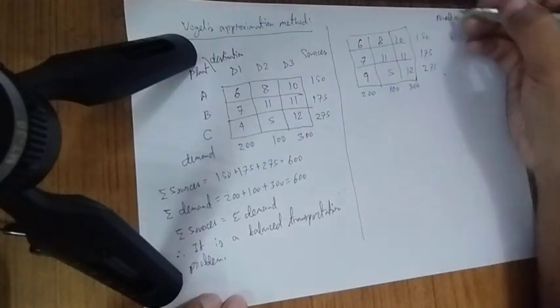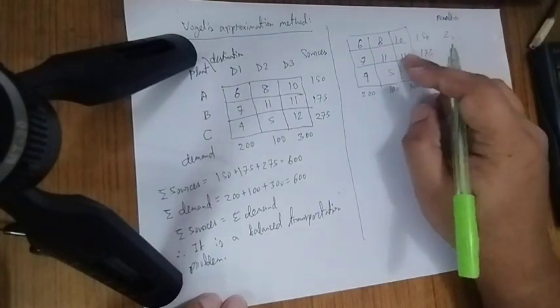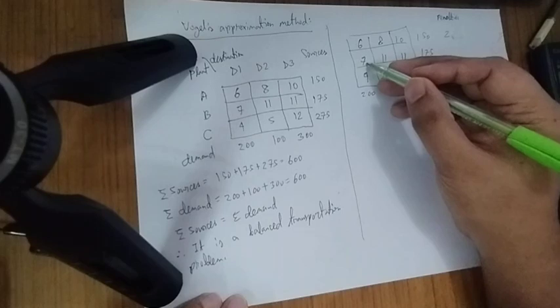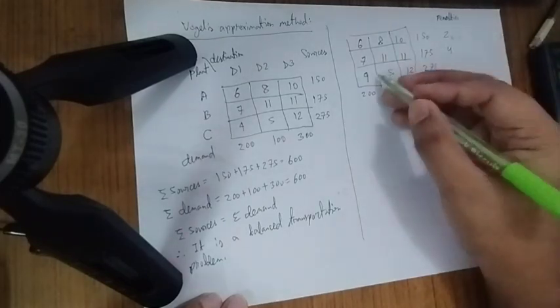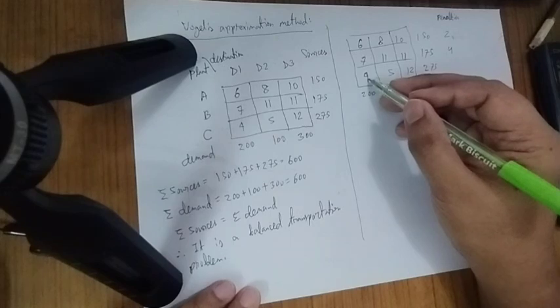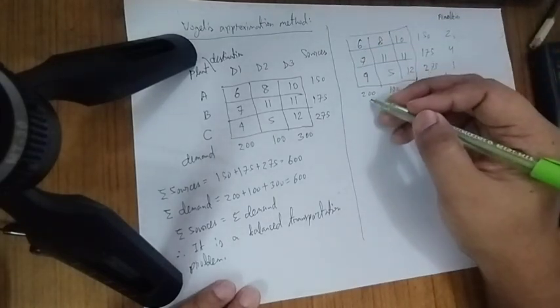Within 6, 8, 10, the lowest values are 6 and 8, so the difference is 2. Within 7, 11, 11, the lowest two are 7 and 11, difference is 4. Within 4, 5 and 12, the lowest values are 4 and 5, the difference is 1. Now consider column wise.